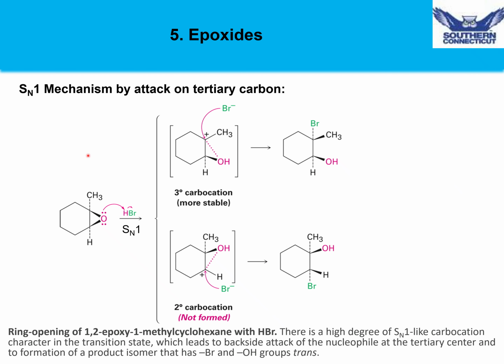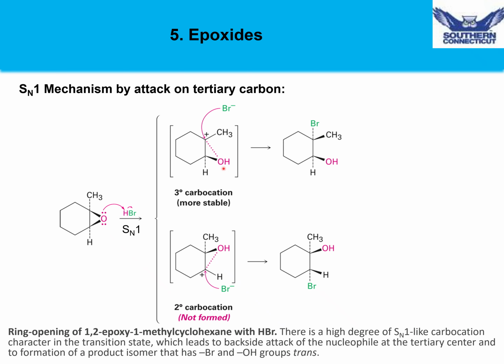Let's take a look at the SN1 mechanism that we saw on the last slide involving a tertiary carbon that is attached to an epoxide. Notice in this example, here we have a tertiary carbon, and here we have a secondary carbon in this epoxide. If we add HBr, the first step will be to protonate the oxygen of the epoxide, giving us a protonated epoxide intermediate.